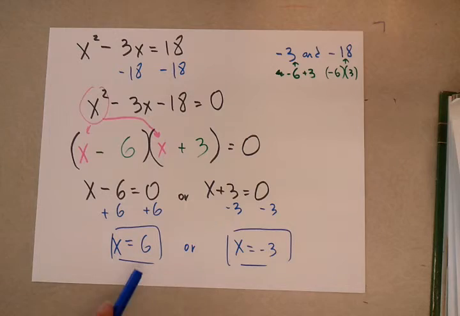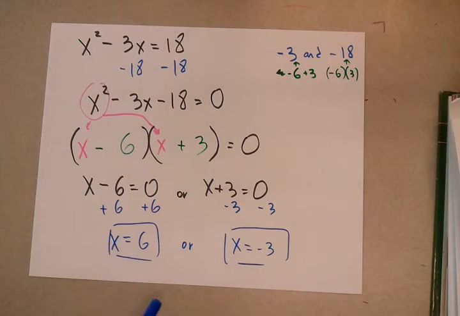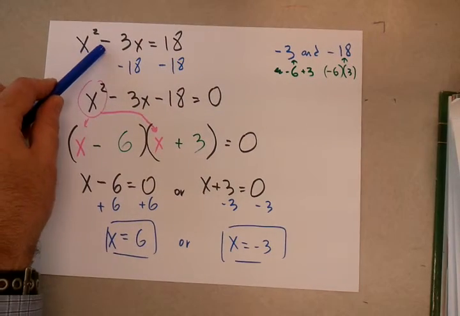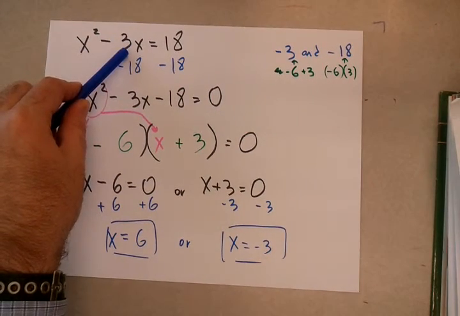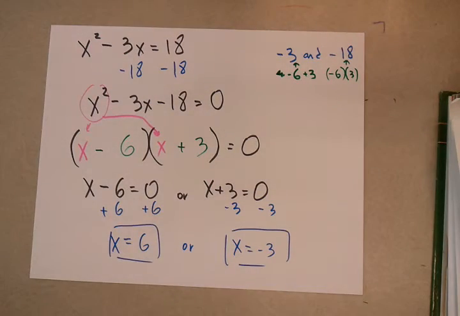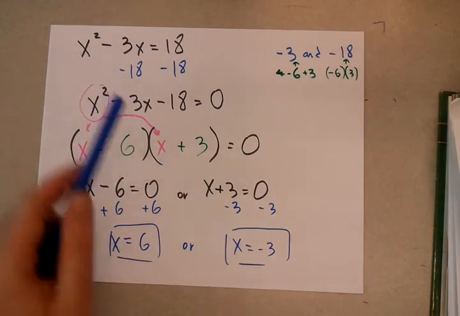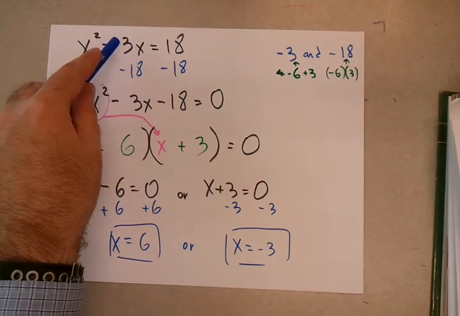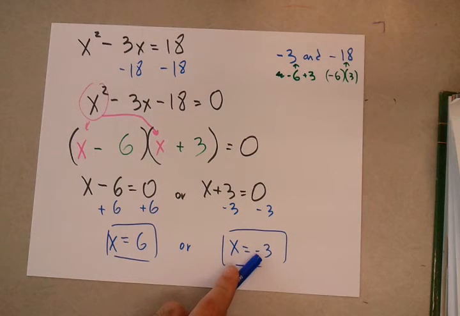I plug in the 6 into this equation here. So 6 squared is 36 minus 3 times 6 is 18. 36 minus 18 is 18. That works.